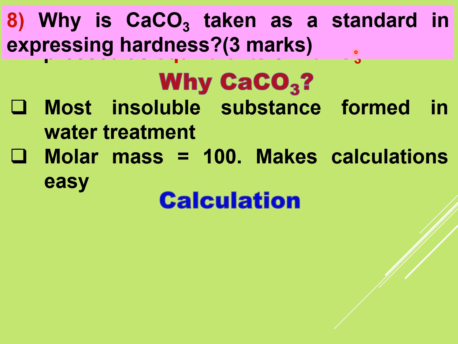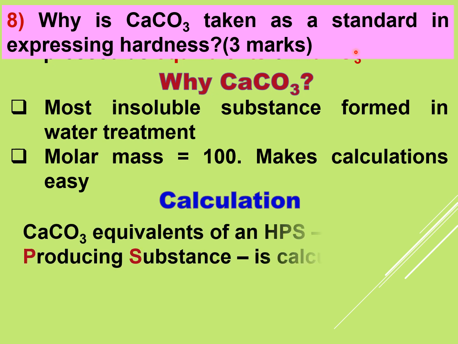Now coming on to the calculation part, how will we convert the concentration of a dissolved salt in water to calcium carbonate terms, calcium carbonate equivalence? Suppose that you have a hardness producing substance, called HPS. It's a salt like magnesium chloride, calcium sulfate, or anything else.